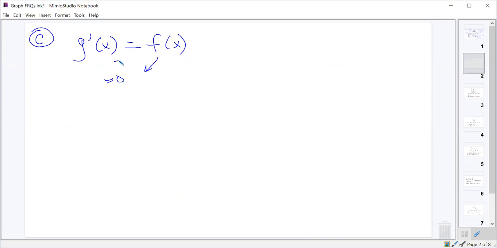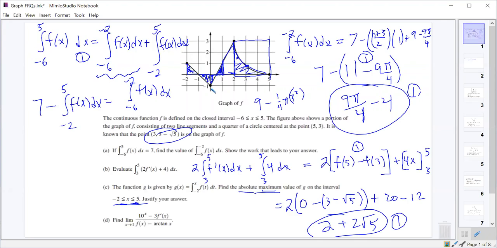And when is f of x undefined? If you look at the graph, first of all, it's never undefined, right? F of x is defined for that entire interval. But it does equal 0 a couple of times on there, right? It equals 0 at -1 and at 1/2. Also at 5, but that's an endpoint, so we would check that anyway.